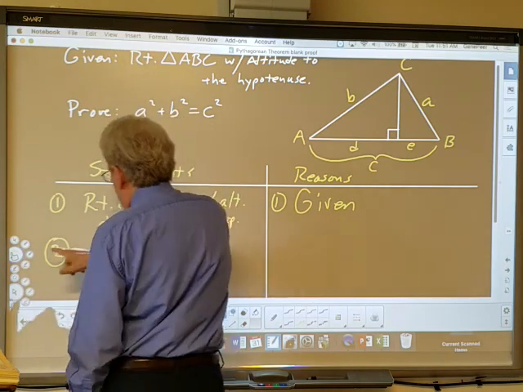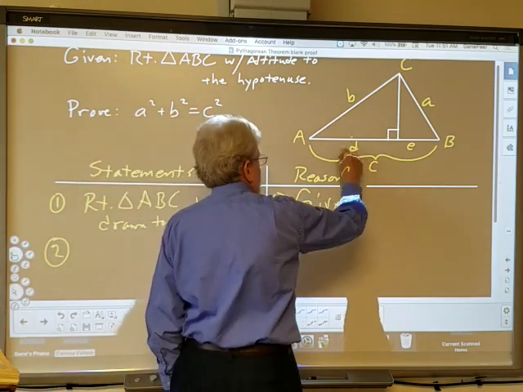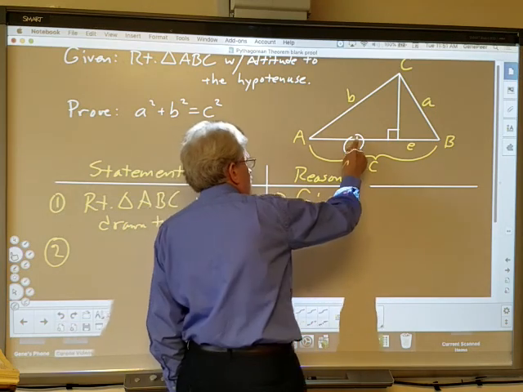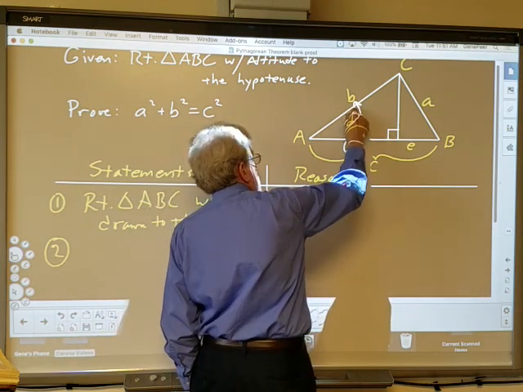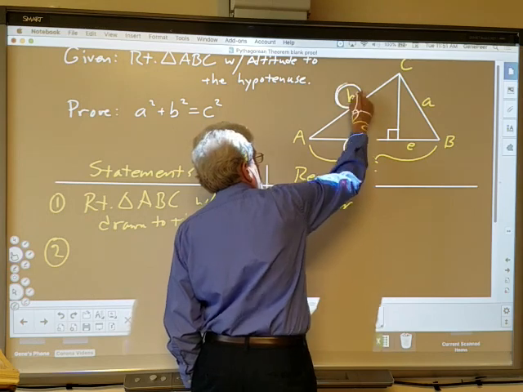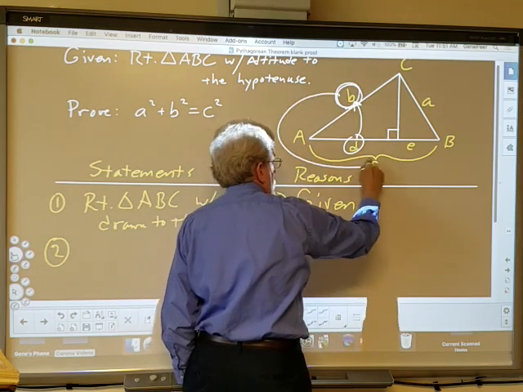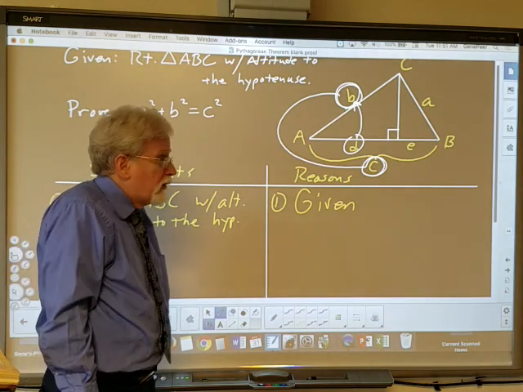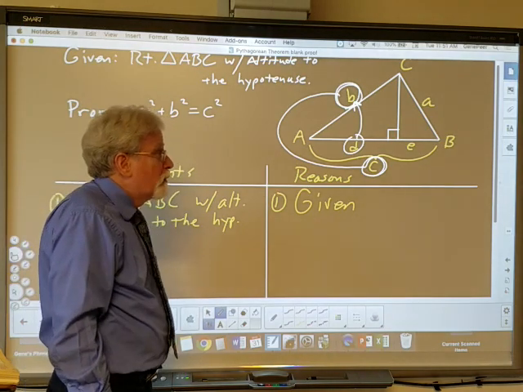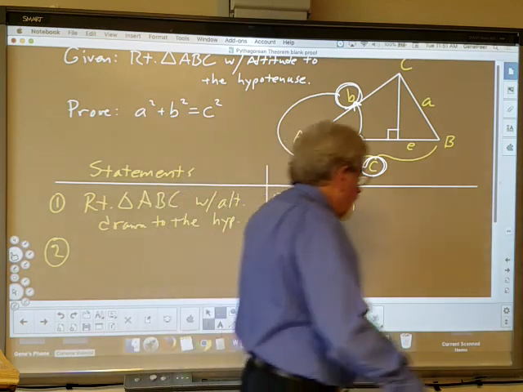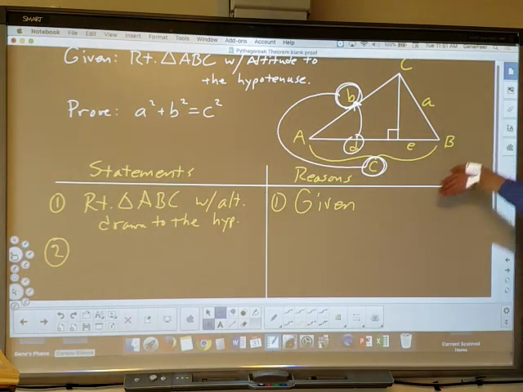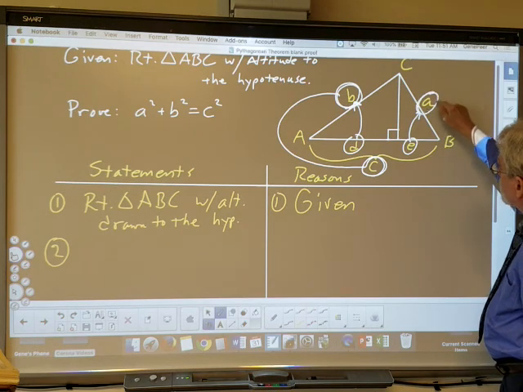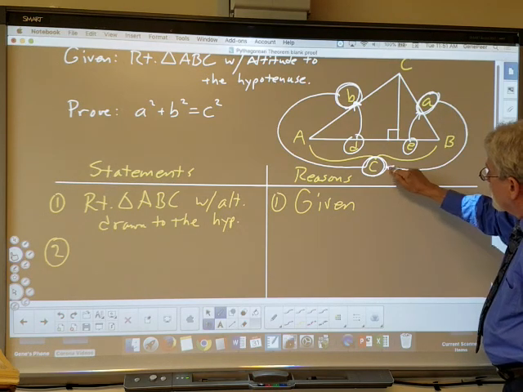Corollary 2 says this, that d over b equals b over the whole thing c. Of course, not only does corollary 2 say that, but on the other side, e over a equals a over c.